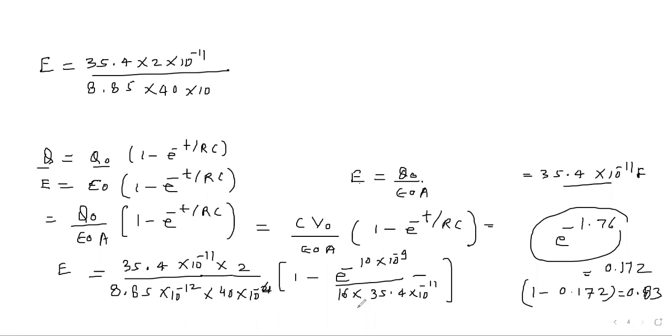By mistake I have written it. So 40 into 10 to the power minus 4, and inside the bracket, as I told you, it will become 0.83.